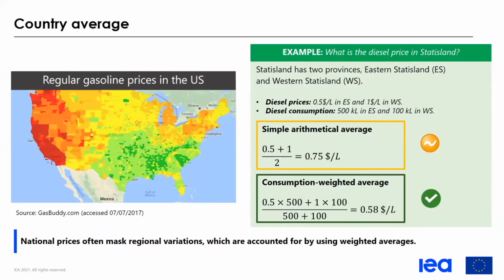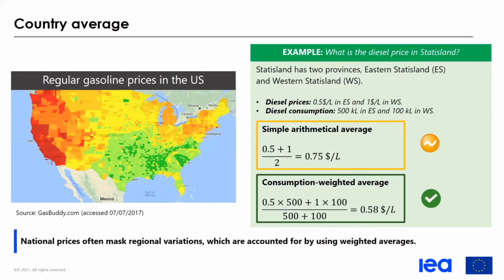Diesel consumption is 500 kiloliters in the Eastern Statisland and just 100 kiloliters in the Western Statisland. If we calculated the simple arithmetical average of the two prices, we would have $0.75 per liter.